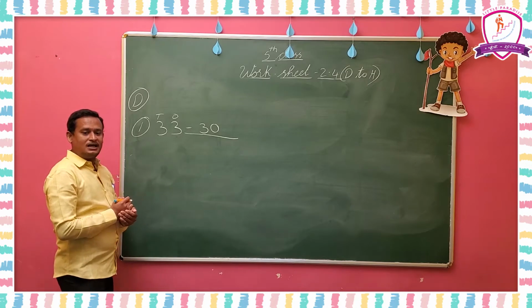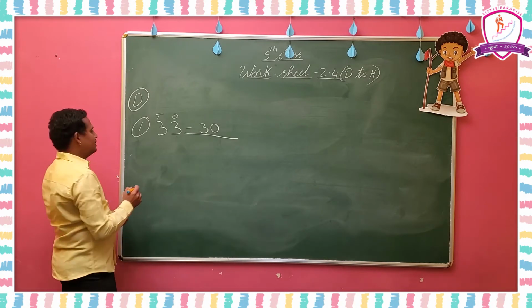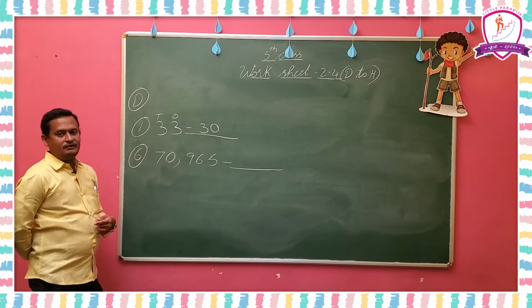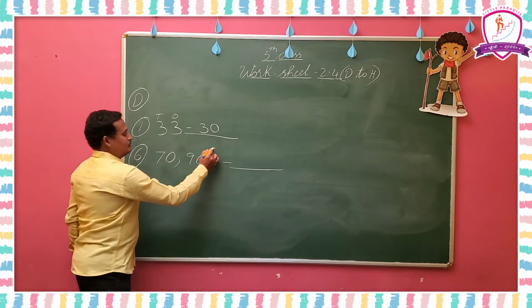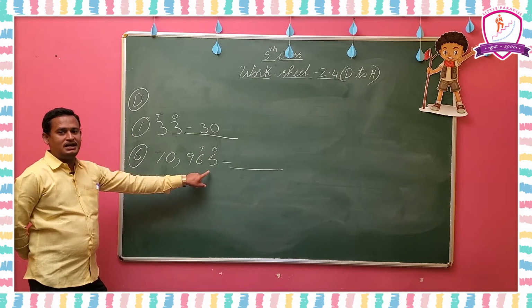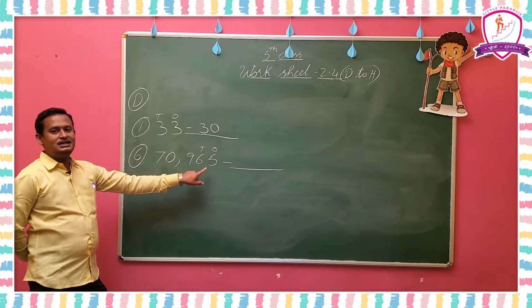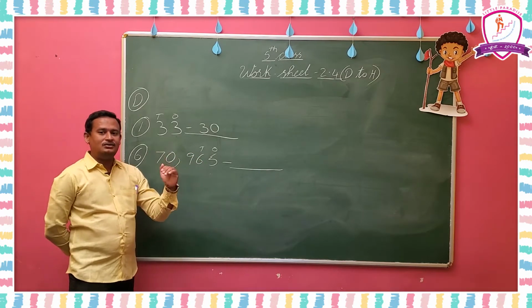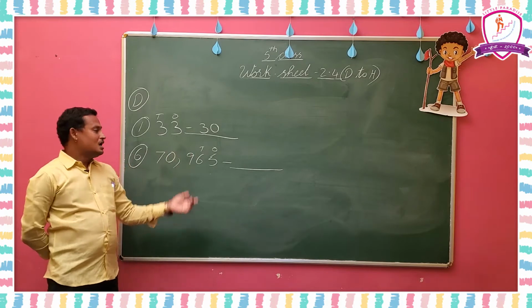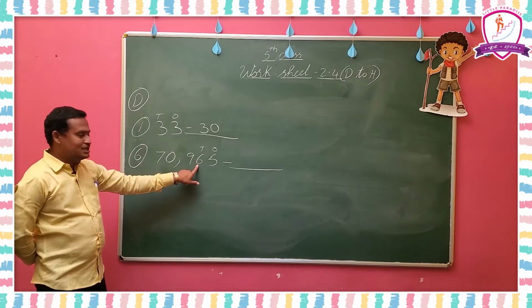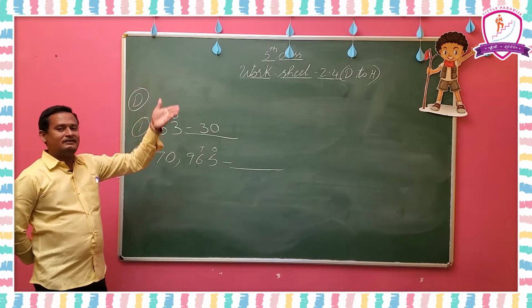Now I am going to explain another one here. Sixth one, 70,965 is there. To round to the nearest tens, we have to observe the ones place. What number is in the ones place? 5 is there. 5 is equal to 5. If the ones place number is equal to 5 or greater than 5, the tens place will be rounded up. 60 will become 70.